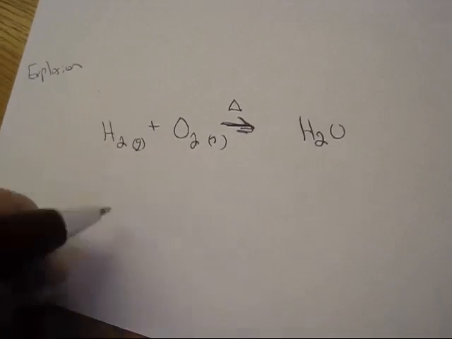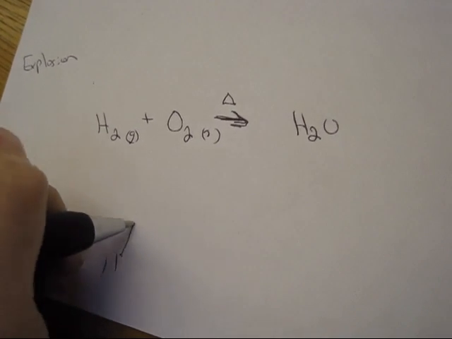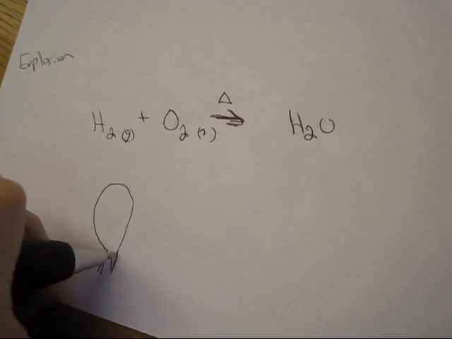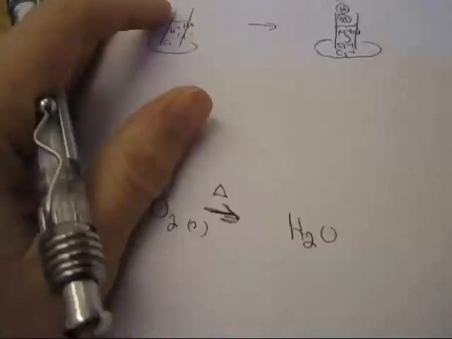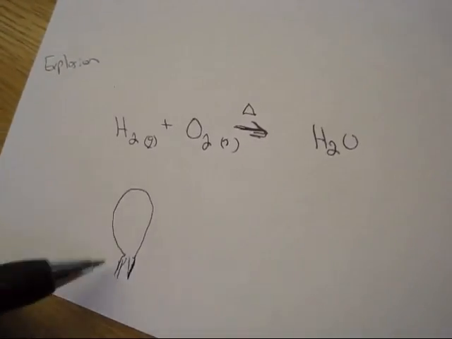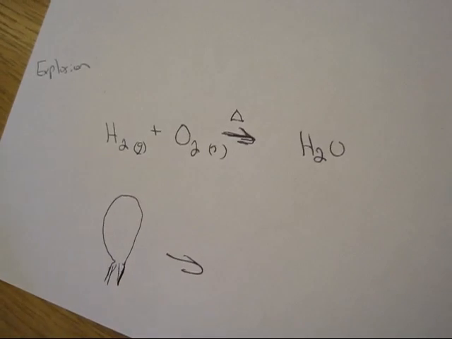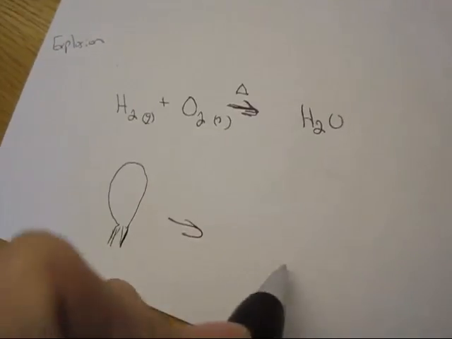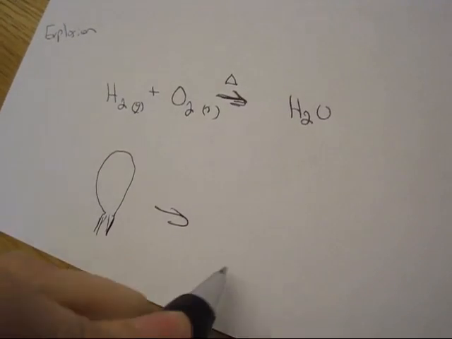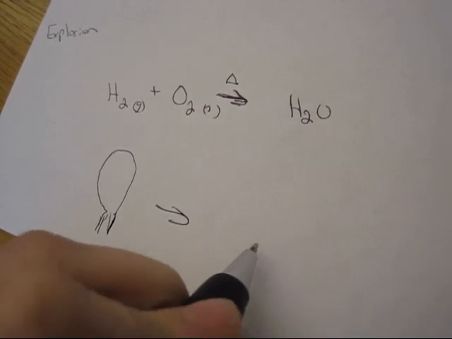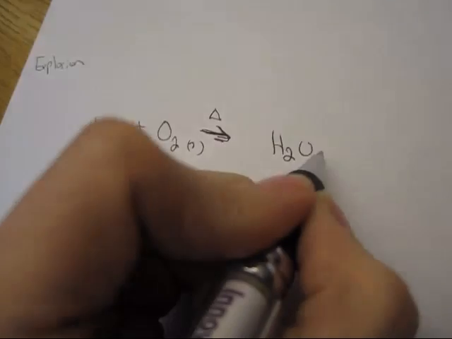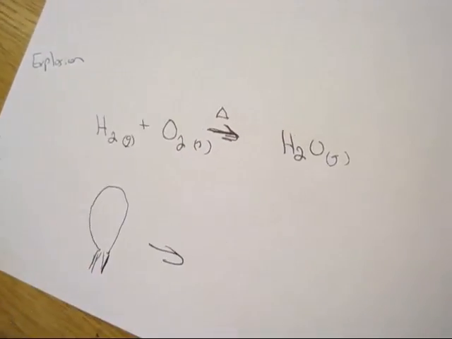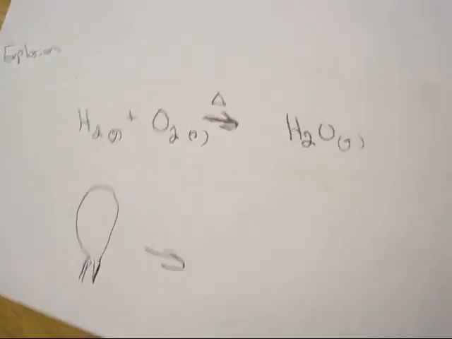So on this side, draw the pipette, and we collected these gases from the top of these cylinders. So show that you have hydrogen and oxygen in here. And this one should be like a Bunsen burner flame. You can draw a Bunsen burner, and in the flame is going to be where the water is. And the water in this case was gaseous because we created it in a flame.